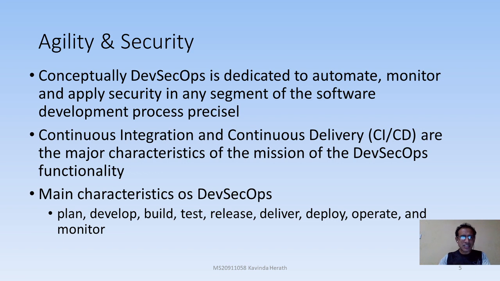Conceptually, DevOps is dedicated to automating, monitoring, and applying security in all segments of the software development process. Automation is the most reliable solution for developers, because the manual process may be hard and dragging, and we need to get rid of that drag.